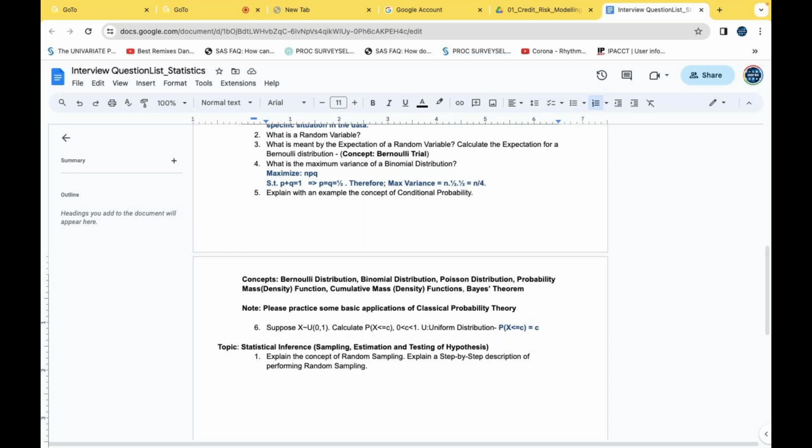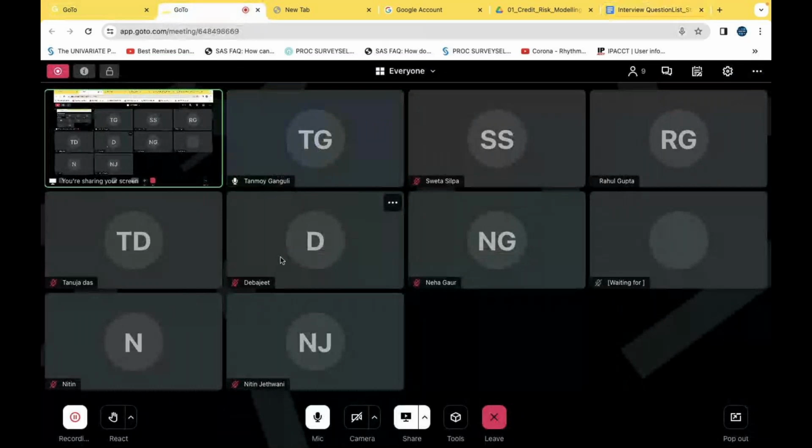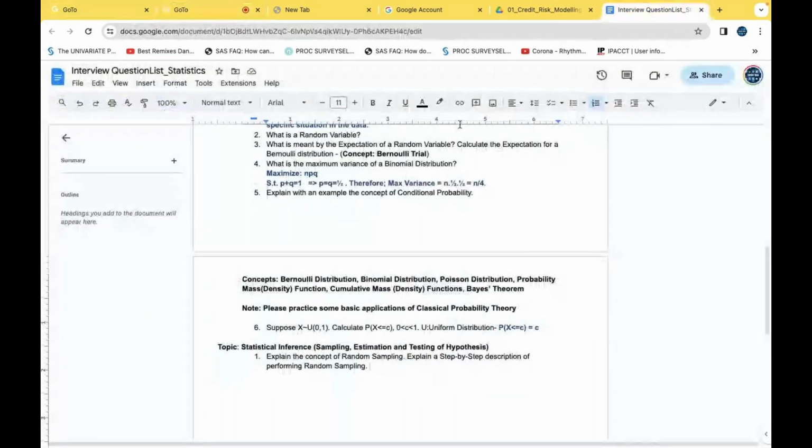When you are doing random sampling, you are randomly choosing the data points from the population and creating a sample from there.